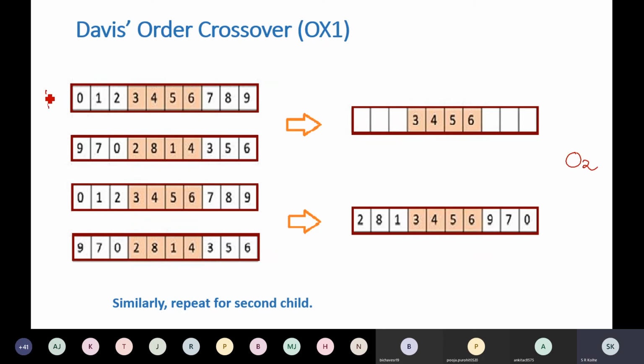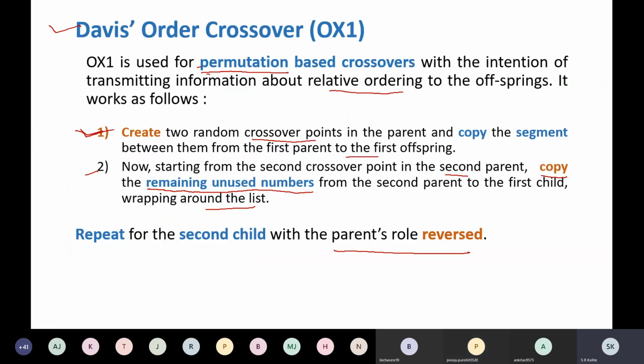This is P1, this is P2. Hurry up. Copy segmented part in offspring. What is that? 2814. Correct. 2814. Copy that.